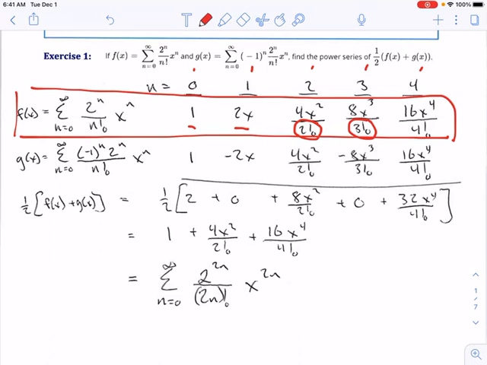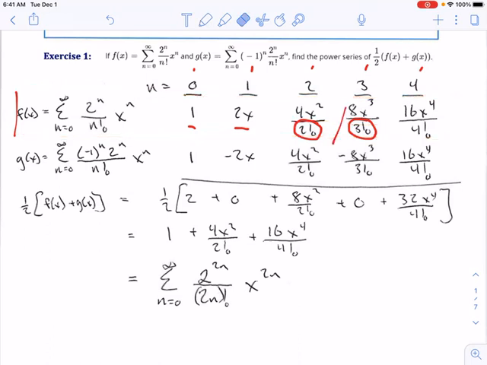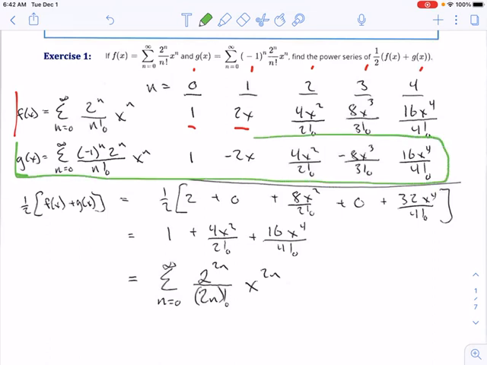All right, then the second power series, I expanded out the first few terms from n equals 0 to n equals 4 and ended up with this expansion. Now what we want to do is simply combine.